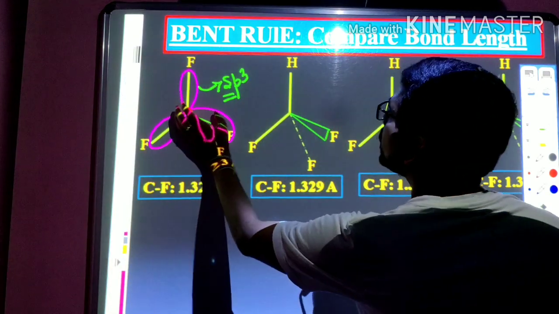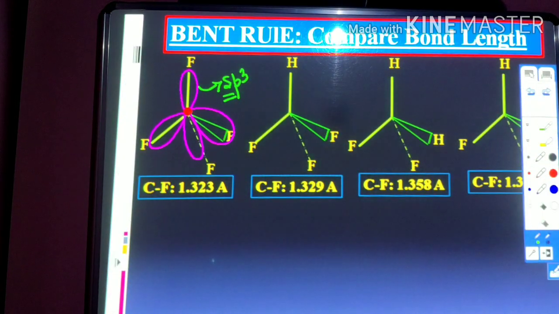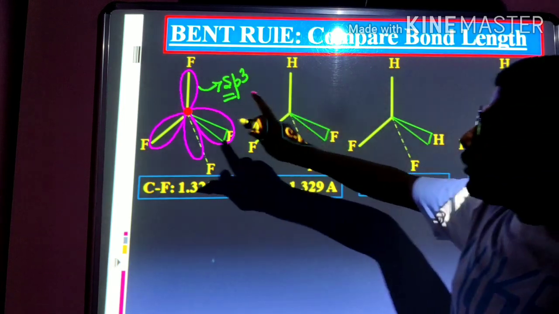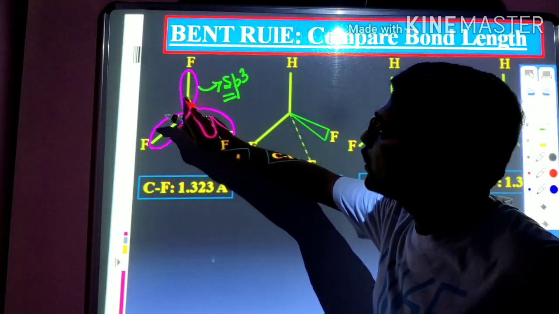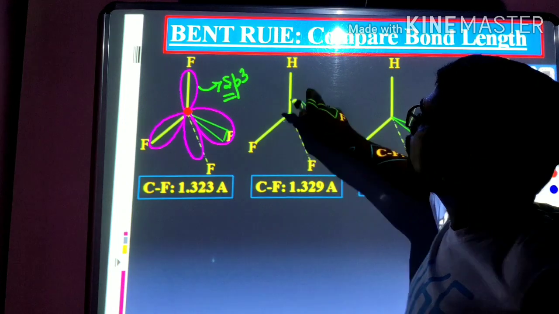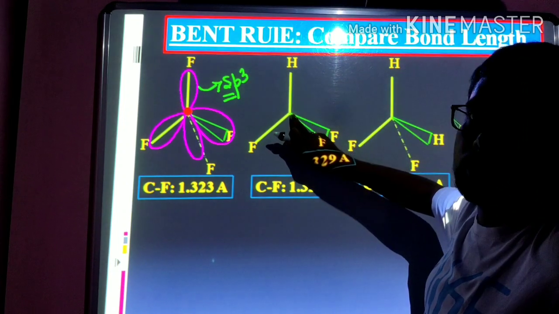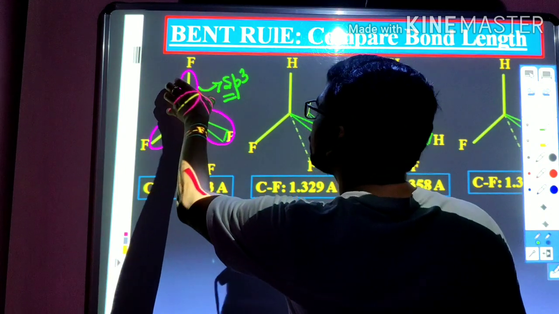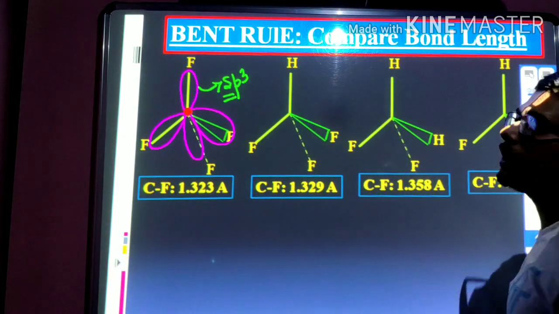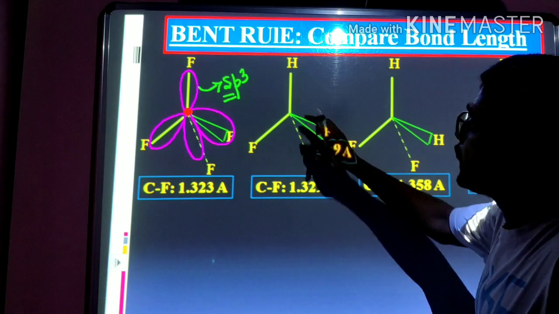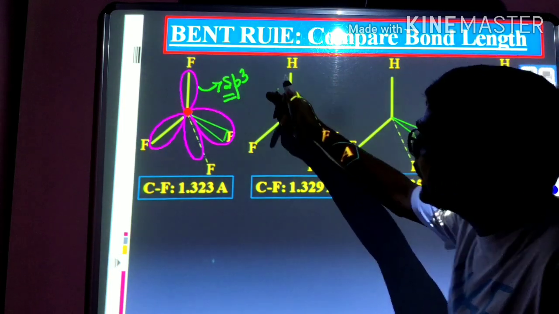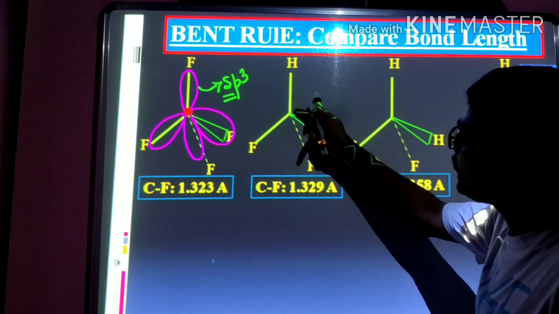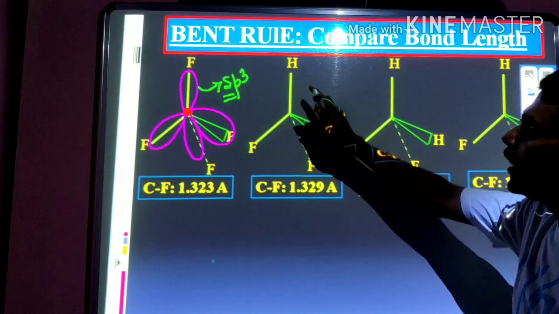Now, if you move from here to here, what did we do? We just replaced F by a more electropositive element. So when you replace F by a more electropositive element, the percentage of S character will increase here.